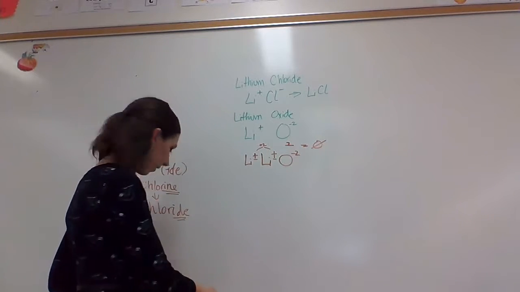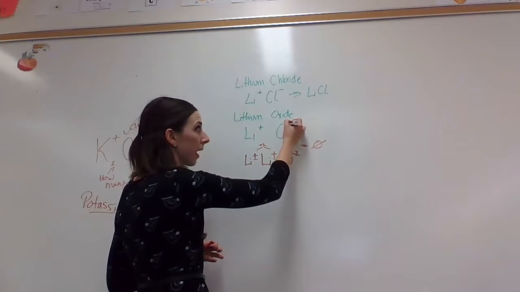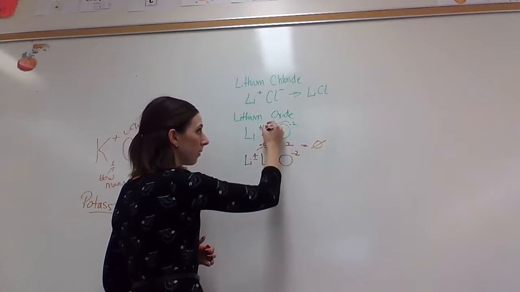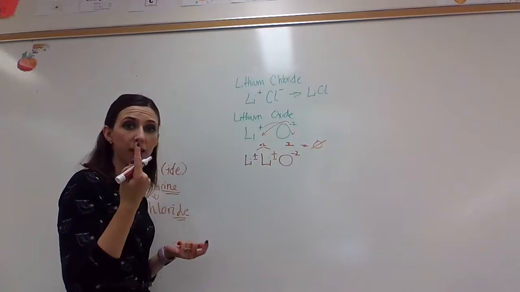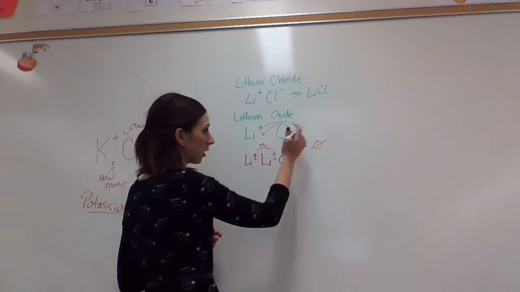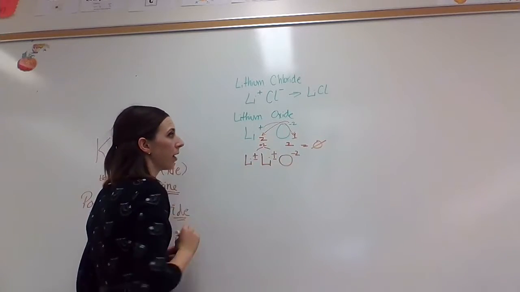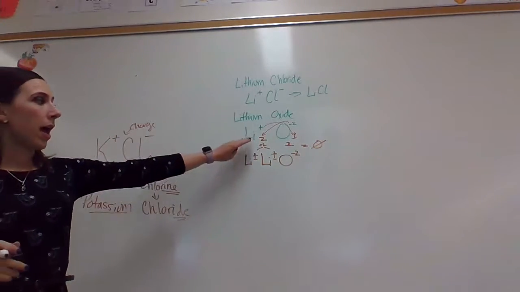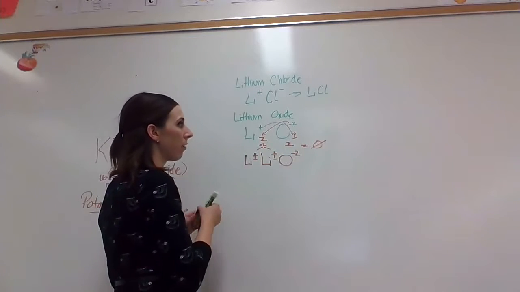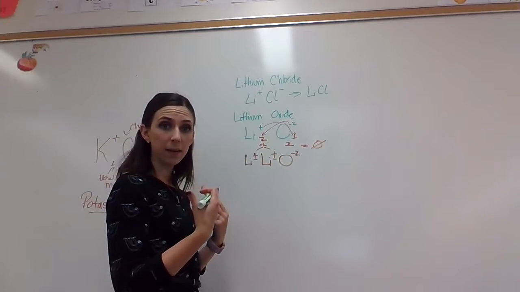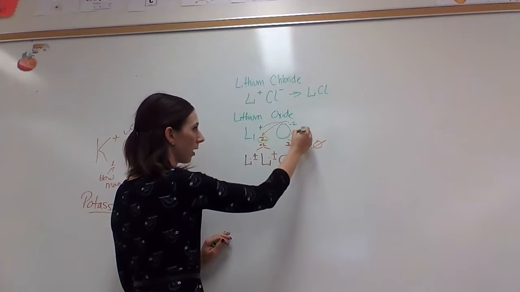The way you can do that, there are multiple ways. One way is by having it go to the opposite. So this plus is saying that oxygen only needs 1 oxygen in this instance. Right here, this 2, if you put 2 under lithium, and notice that I don't have a charge written. When you're bringing this number down, it's telling you a quantity. So it's telling you you're going to have 2 lithium and 1 oxygen.